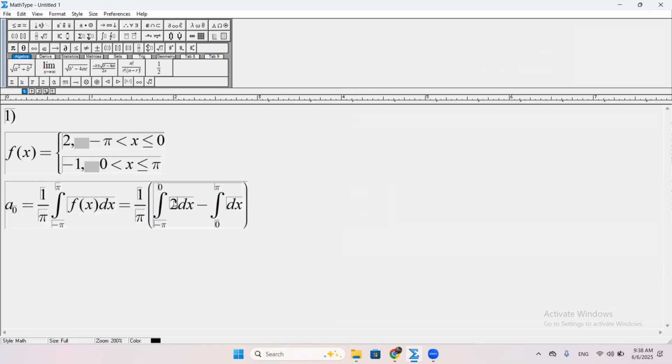I will just move coefficients out of the brackets. Now let's calculate these values. So 2 by, 0 minus minus p, so 2p, and minus p. And the answer will be 1. So we found a0.